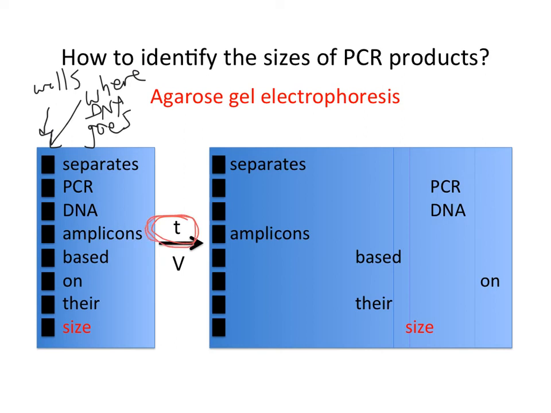We apply T, time. So we're looking at this at time equals 0 and later in time. And the other thing we have to do to perform agarose gel electrophoresis, besides having an agarose gel and adding DNA into the wells, we have to apply a, what's V? Voltage. So that's the electrophoresis part.